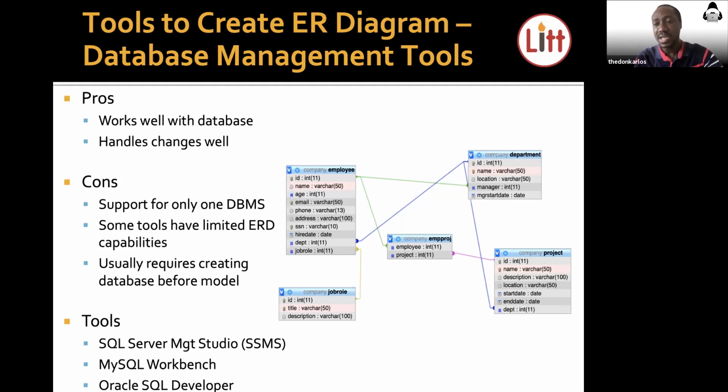But because the process is iterative, you can always go back. So you'll be adding more things, and any new thing that you add will go through that normalization process. It usually wouldn't affect the structure so much. Maybe it will just add a new entity or a new column, or change the data type of a particular column.